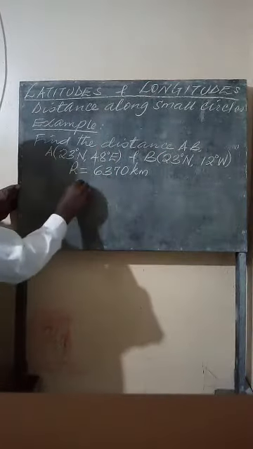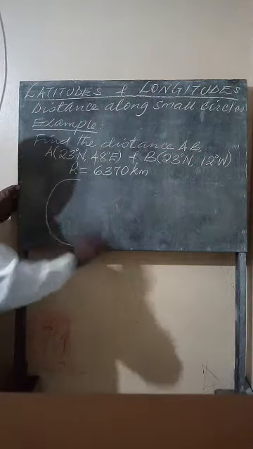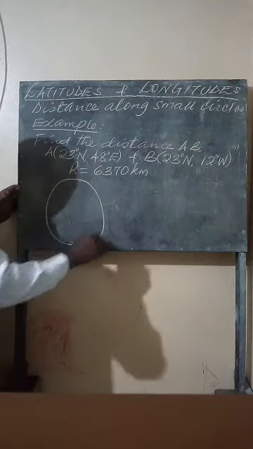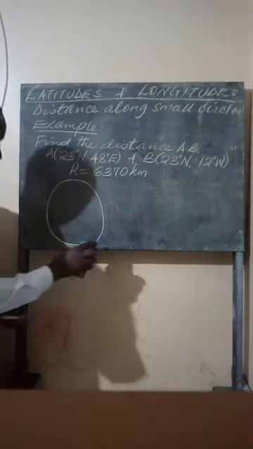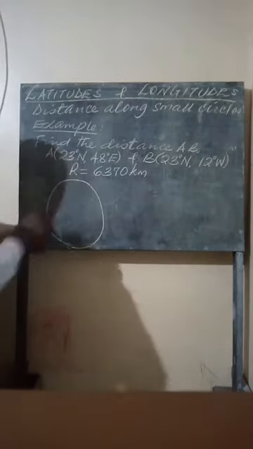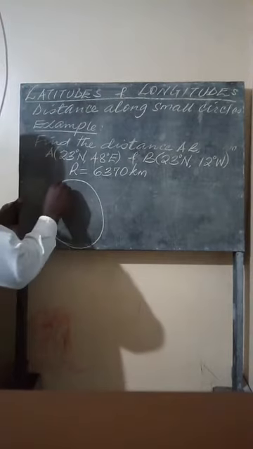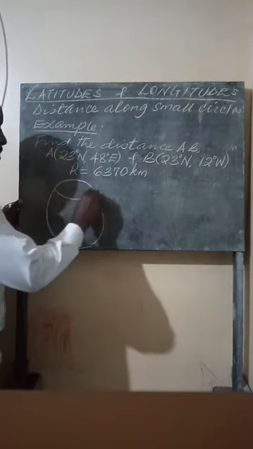So here we've got the globe. Then we have a certain longitude up here, that is 48 degrees to the east.